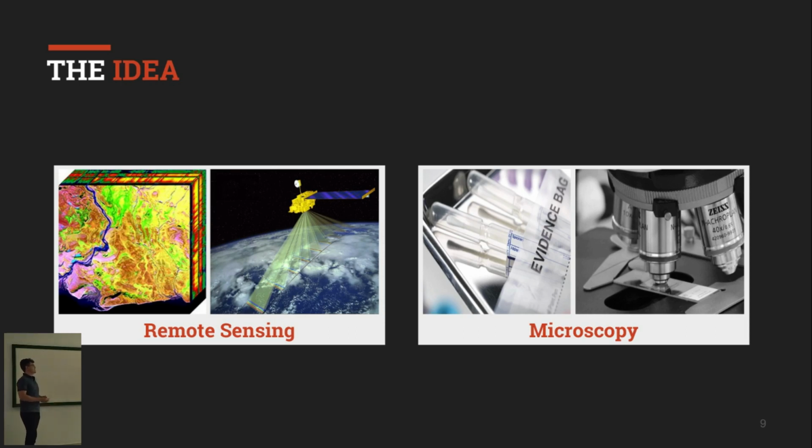And I thought it's possible to merge remote sensing with microscopy, because in remote sensing, we could separate elements from the Earth. And I thought, if this satellite was my microscope and the Earth is my sample, what could I see?